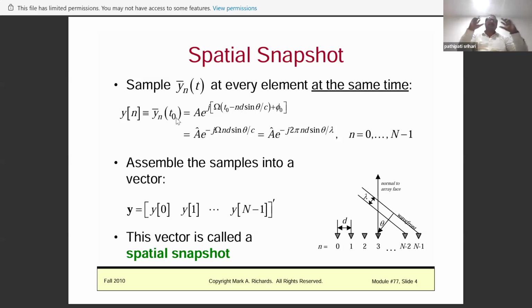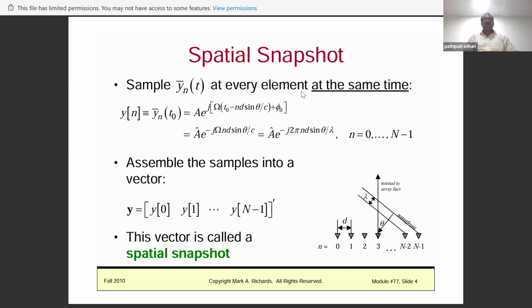Snapshot means once you take a photograph at a specific time, then that is known as a snapshot. So here also the snapshot is at a time t naught: a e power j into omega times t naught minus t dash, where t dash is this term, plus phi naught.